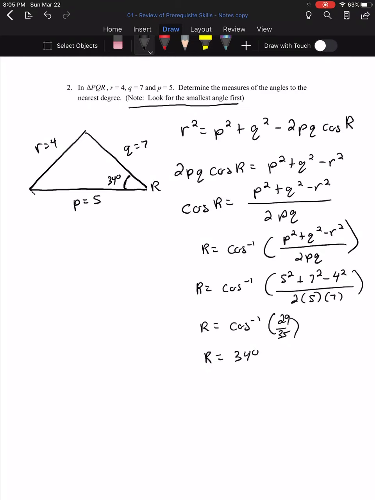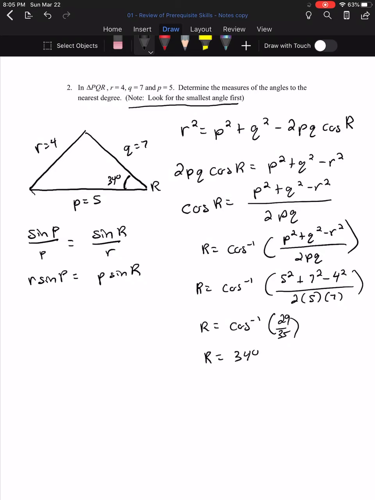Now I can use sine law. I don't know if you remember sine law now. I'm going after angle, so I'm going to go sine p over little p equals sine r over r. I like rearranging this thing first, me personally, and going after what I'm solving for. I'm going after p. I went after the next smallest side there, so I'm going after sine of p. So I go r sine p equals p sine r.